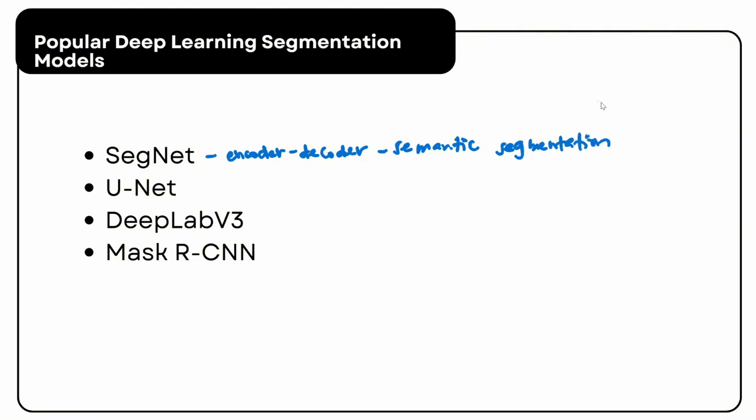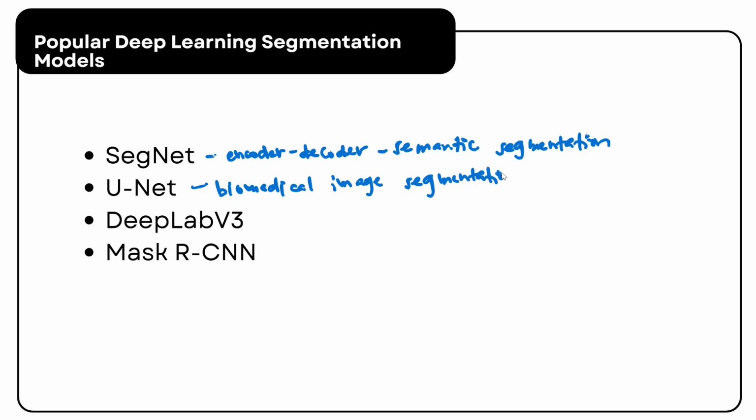So it uses convolutional layers to extract features and a decoder that upsamples them. So it's efficient in memory usage because it uses pooling indices during upsampling. Well, we will discuss it later on in more detail. And what we have here is UNet, originally developed for biomedical image segmentation.